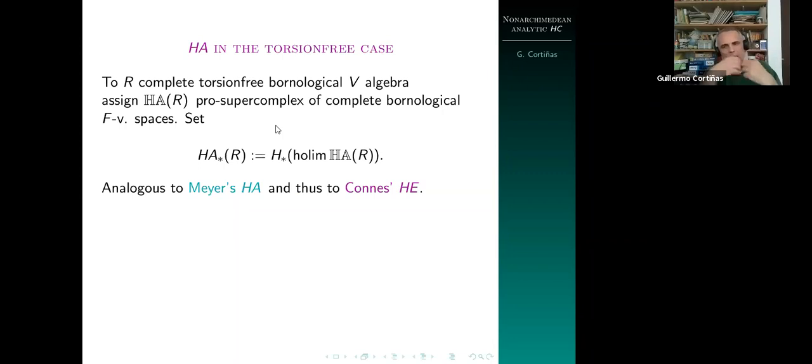And it's analogous in the sense that, well, you take the complex for HP, right? Which in degree n has the product of all the bimodules of differential forms of the same parity as n.